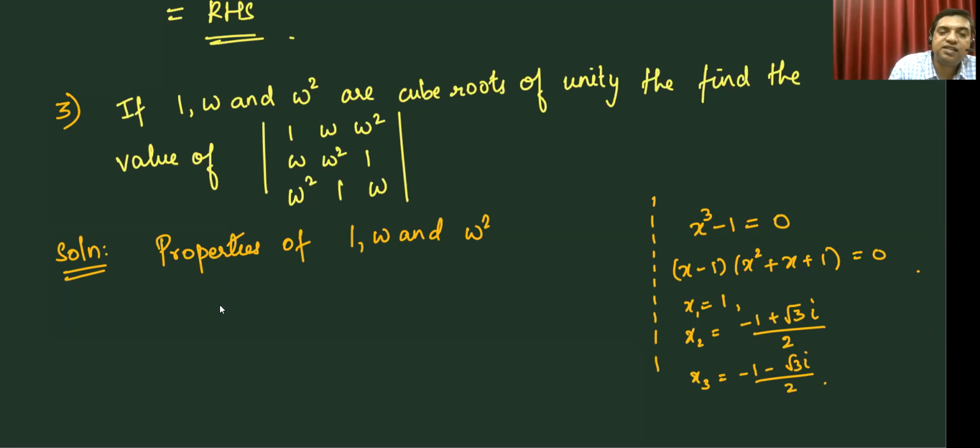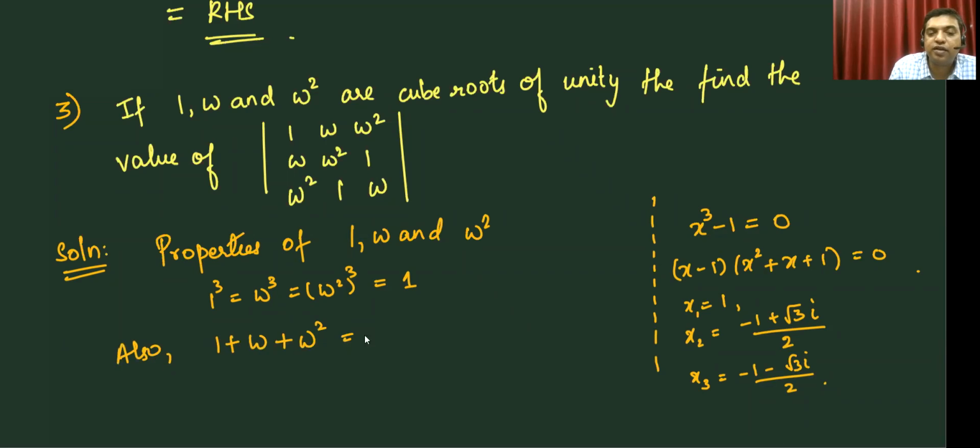So it has certain properties. 1 cube is 1, omega cube is 1, omega power 6 is 1. They're all 1. Also, you can see that 1 plus omega plus omega square equal to 0.